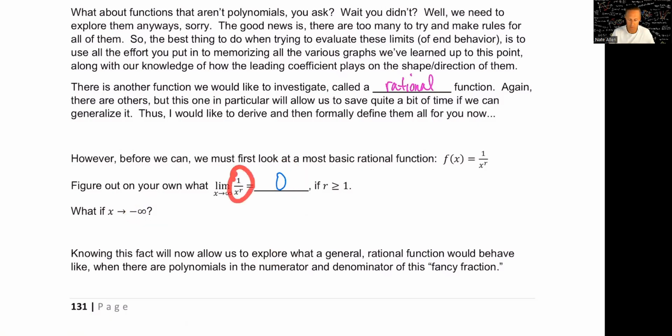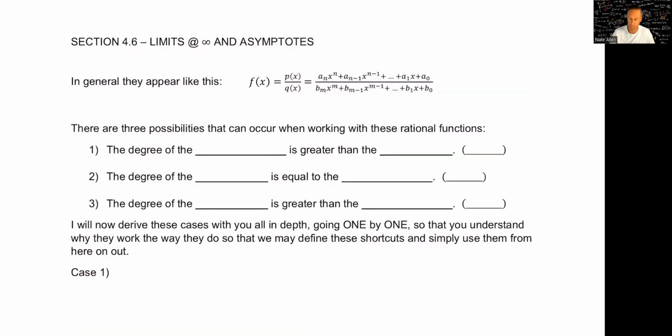So if we just know that, then we can look at a more involved polynomial, a fancier fraction or rational function. In general, it would look something like this. I know it's nasty, lots of letters going on, but remember, all the A's and B's are simply the coefficients or constants in front of each one of these variables x.